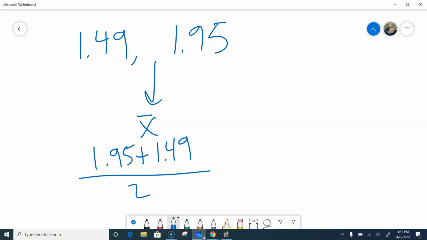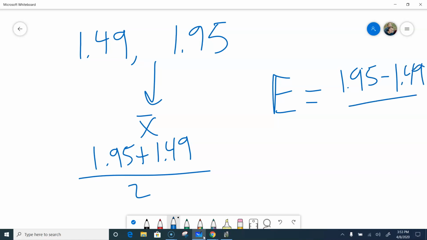Okay, how do I get the margin of error? Well, the margin of error is what I add to this to get my width. So I just almost do the same thing. I take 1.95 minus 1.49, and then I divide by 2. So I take the two endpoints of the interval and I add them and divide by 2 to find out where the middle is. To find the width, I subtract them and divide by 2.